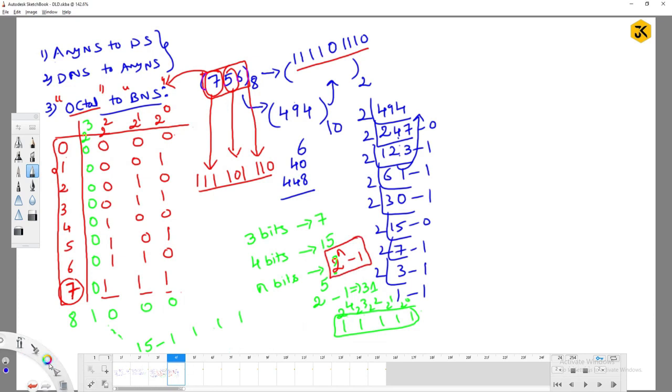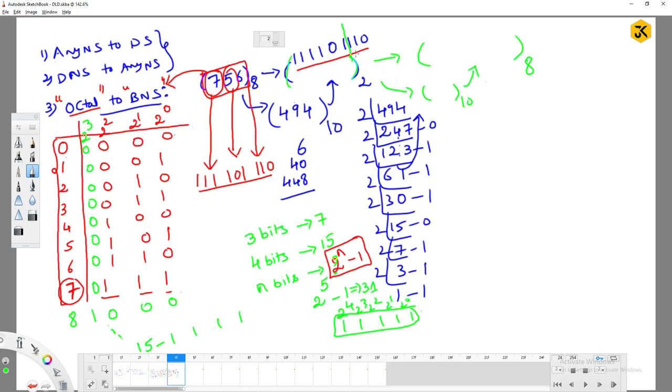Okay, fine. Similarly, if I have a binary number and I ask you to convert it into an octal number, you could go through a decimal number, followed by octal again. Instead, according to our logic, every three bits can be considered as one digit in the octal number system.